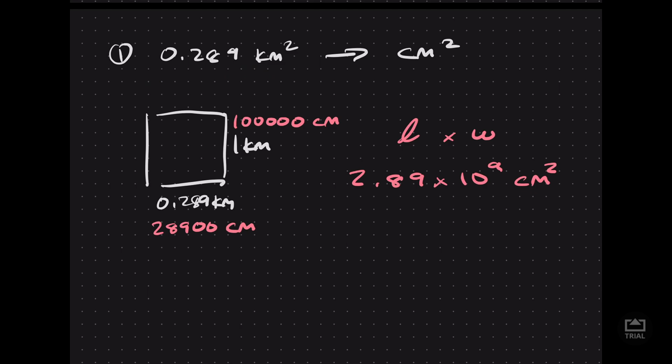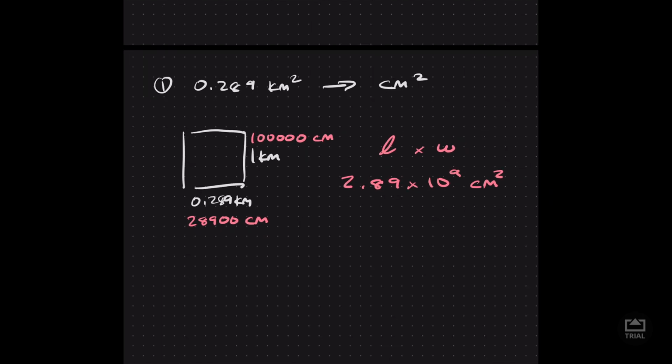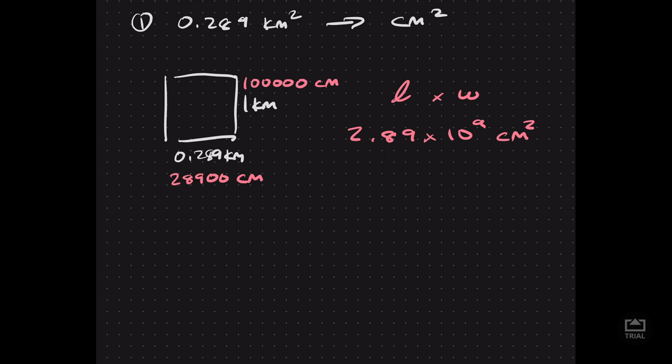Now, it can be done in a different way, a little bit more mathematically. And what we're going to do is say, well, what do we know? Okay, well, we know that 1 kilometer is equal to 100,000 centimeters.